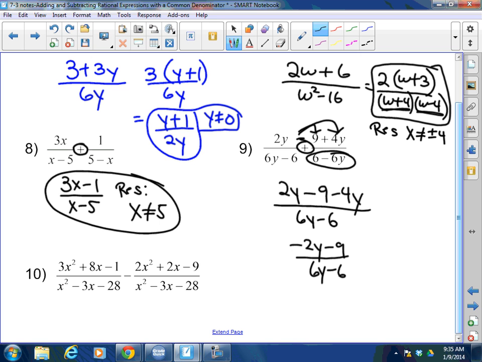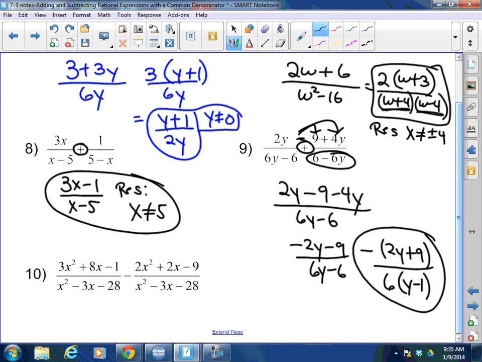I can factor out a negative. So I have 2y plus 9 over 6 times y minus 1. I can't reduce anything, so we're good. Yes, sir. 2y minus 4y is negative 2y. Thank you, son.